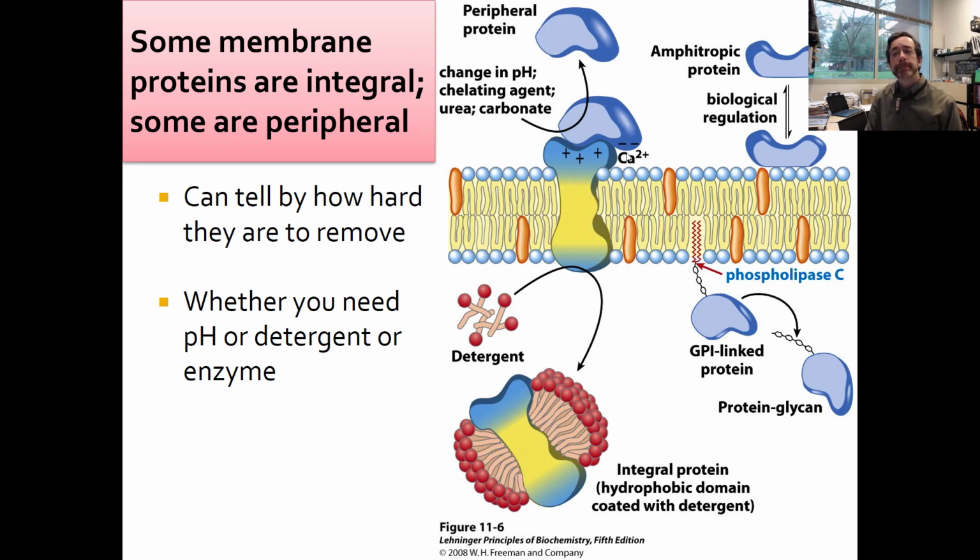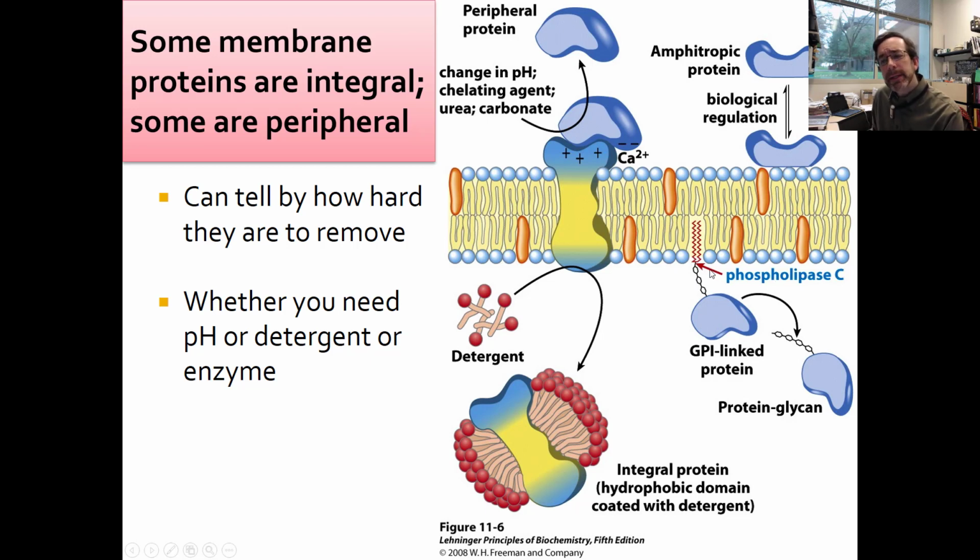The other type is a protein that is actually attached to a lipid anchor. And the lipid anchor itself dissolves in the membrane. This is called a GPI-linked protein because glycosylphosphatidylinositol is the type of lipid that is actually in the membrane. Well, remember phospholipases?